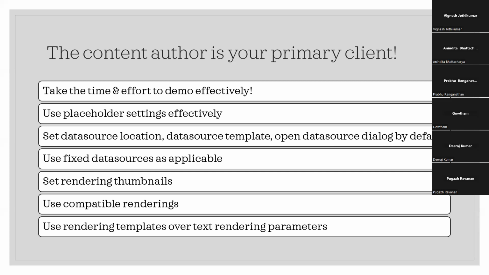Now, most of the time, the content authors are Sitecore aware, obviously, but all of these things that we are adding, like if you're adding an edit frame somewhere, or experience editor buttons somewhere, take the time to document and demo that effectively. A lot of the times I have seen that content authors are not even aware of all the things that we have done to expose all this functionality to them.